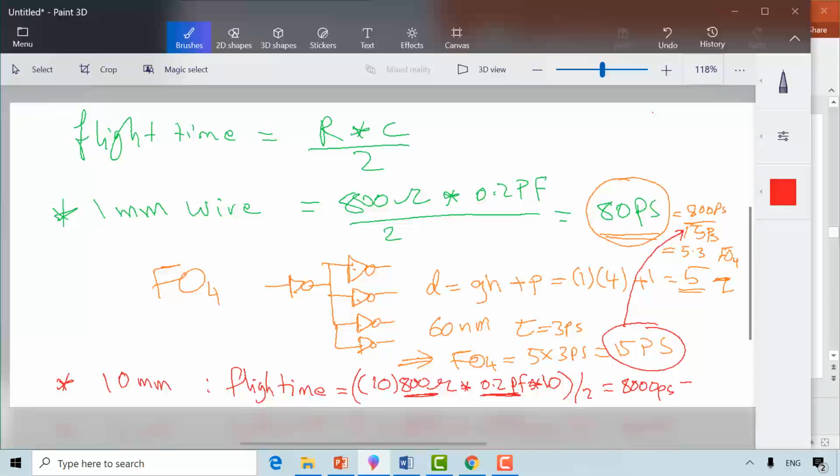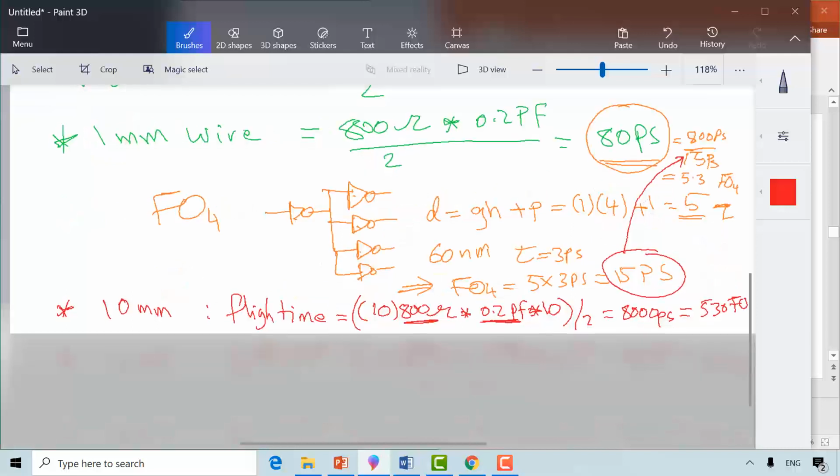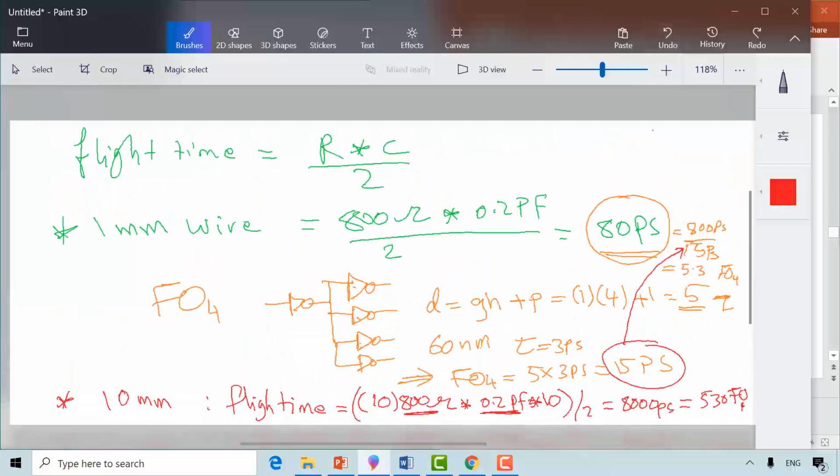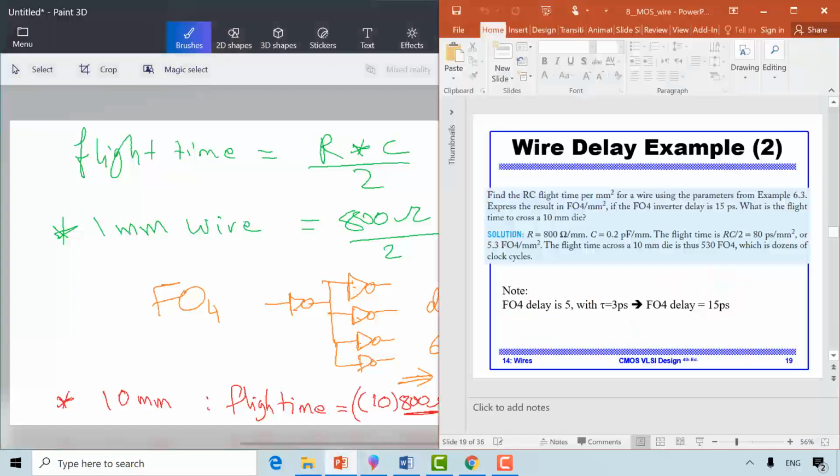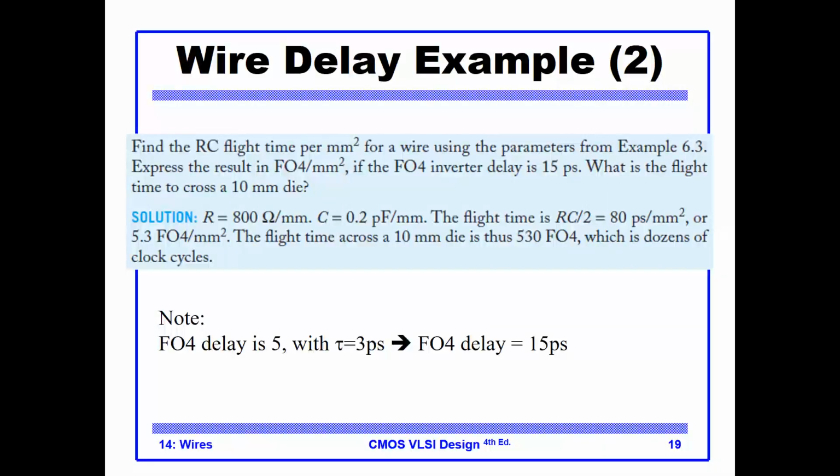If I normalize this with fan out of 4, this comes to 530 fan out of 4 delay. So this is basically the example that is being discussed at this slide.